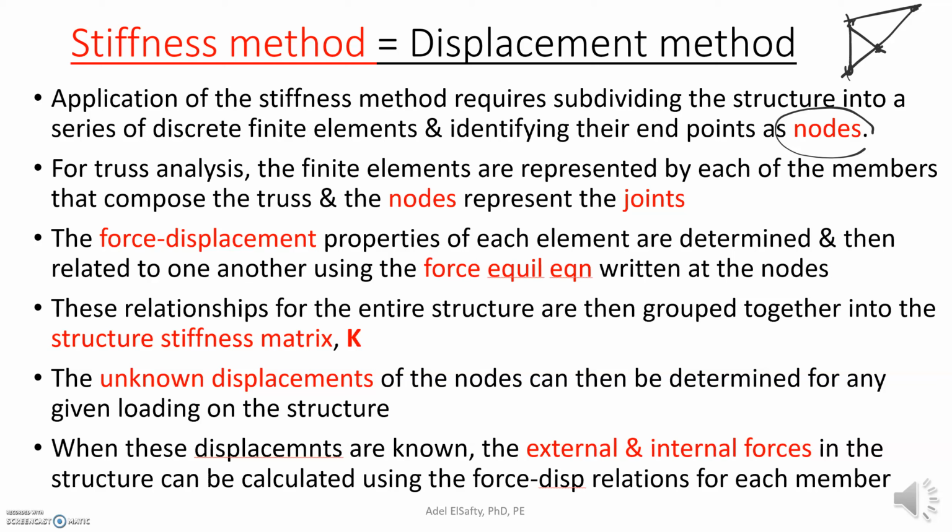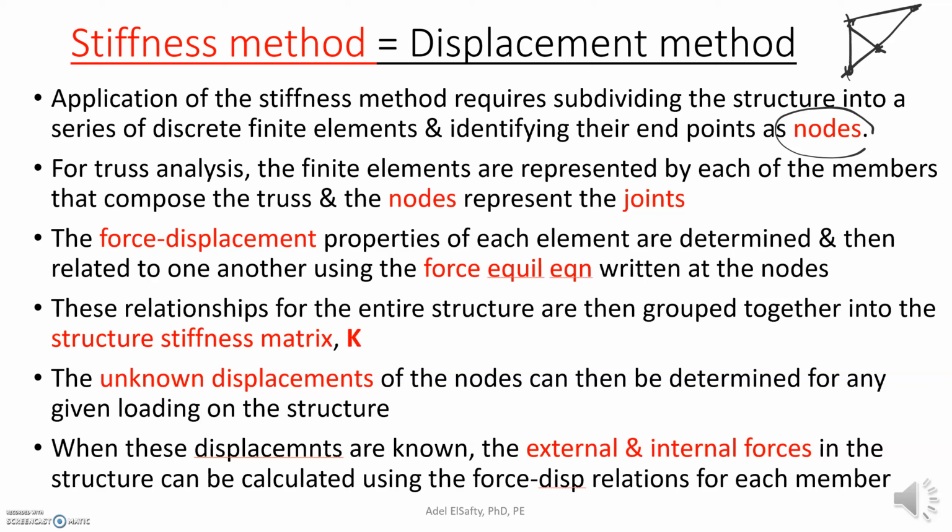And then we relate one member to another using the force equilibrium equations written at the nodes. So the relationship between these forces and the displacements is the K that we have been talking about earlier. And the unknown displacements of the nodes can be determined for any kind of loading configuration for the structure.